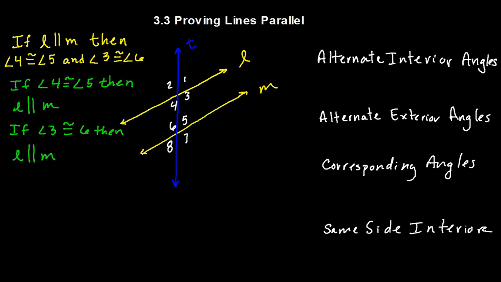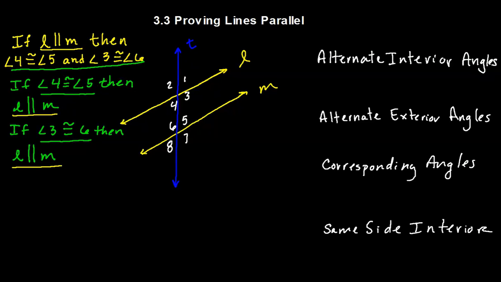If you notice, what I did is I turned the hypothesis, which would be this one right here from the first statement, and I made it the conclusion. Then I turned the conclusion of the first statement and made that the hypothesis. So what this is called is the converse.